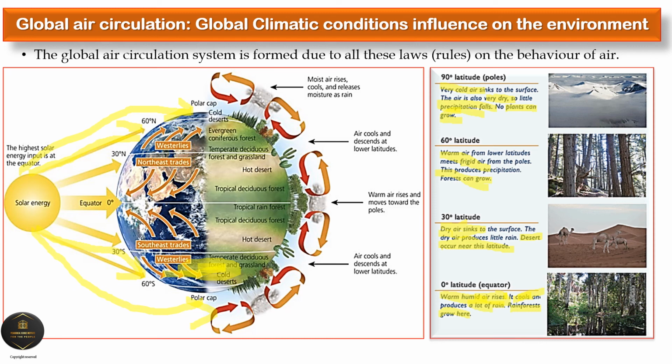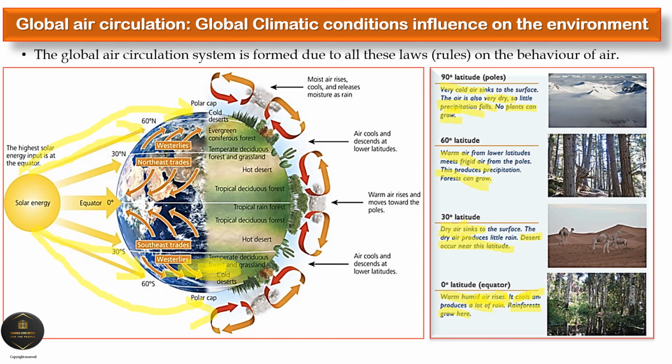So I hope we can see that the rules we discussed, or the geography laws or rules we discussed, influence all the content we look at in geography, and they influence the biosphere. They influence how the lithosphere and biosphere are gonna be. So I'm sure you can see now that the atmosphere or the layer of gases we discussed in the previous session is very important, because it influences how the other spheres are gonna turn out.